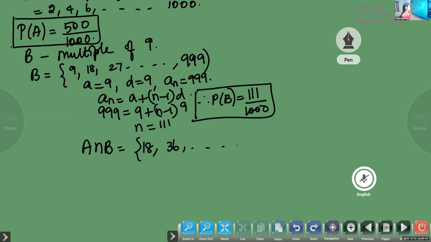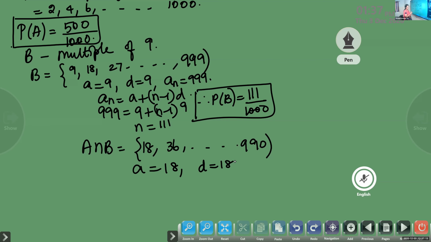Which is the number? You want an even number that is a multiple of 18: 990. Yes, very good. It is 990. Here also we want to find n. If you want, you can use a is 18. Ma'am, if we divide 990 by 18, we'll get the answer.